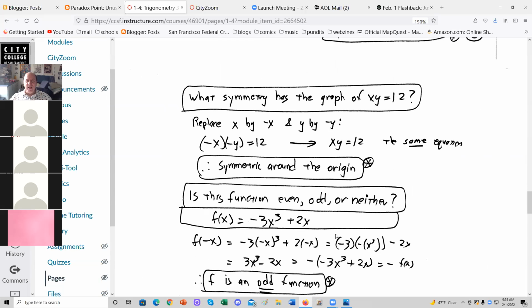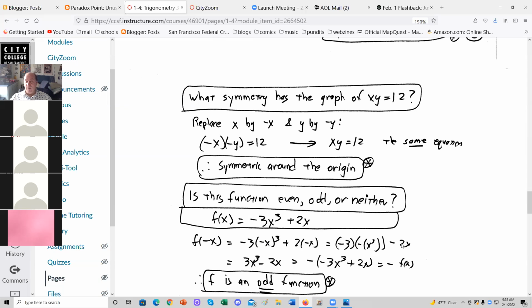Is this graph even, odd, or neither? f of x equals negative 3x cubed plus 2x. Well, what you do, you try to find f of negative x and see if it's either f of x or its opposite. The f of negative x is 3 times negative x cubed plus twice negative x. Well, cube is an odd function, so the negative comes out.